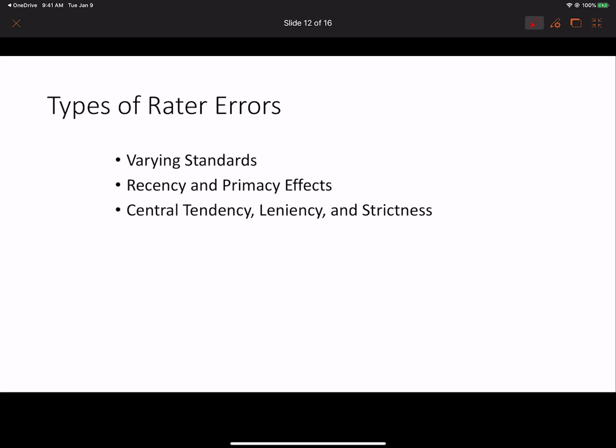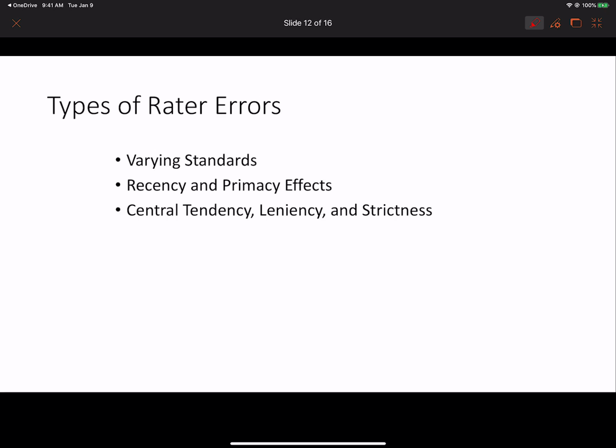So you have leniency also. You let that person fall within the higher end of the bell curve because you just don't want to see them on the negative end. And strictness is having a tendency to make the person lean towards the left of the bell curve because of how strict you are on them.